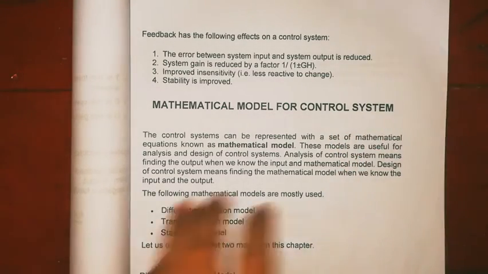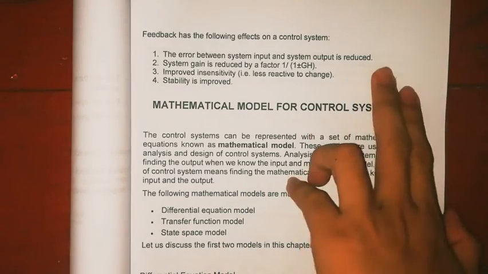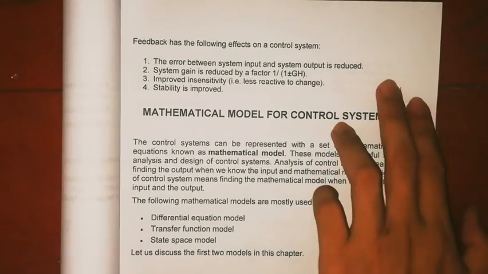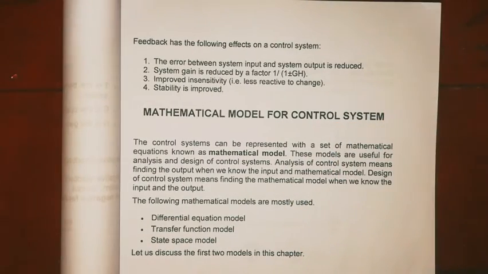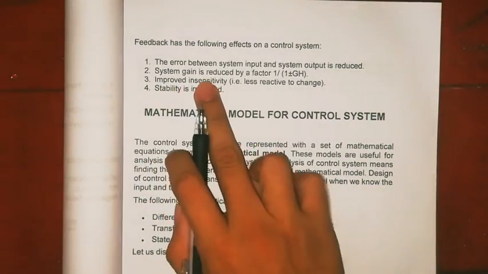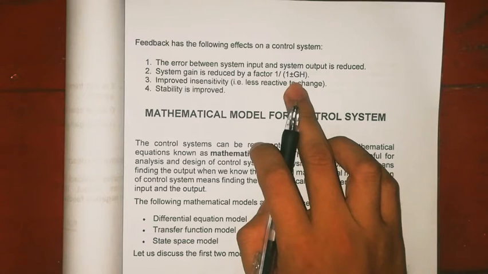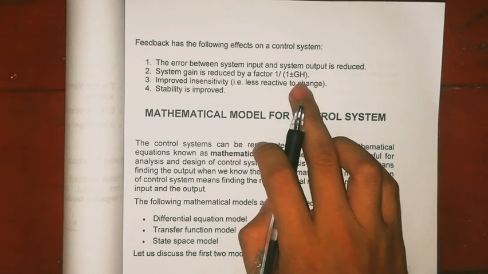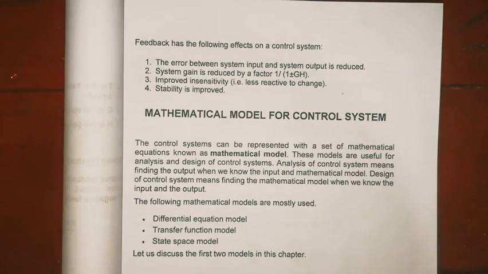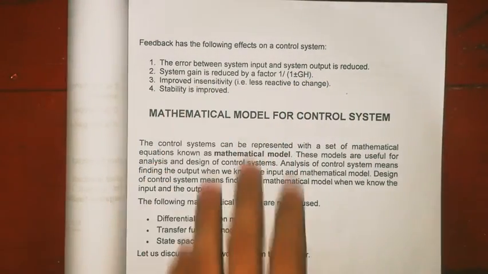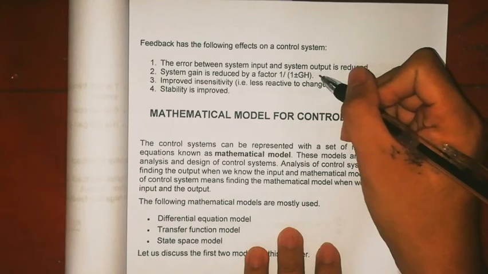So pinapaganda yung desired output ng system. System gain is reduced by a factor of 1 over 1 plus GH. Ito yung transfer function or the system gain. So ito din yung T.